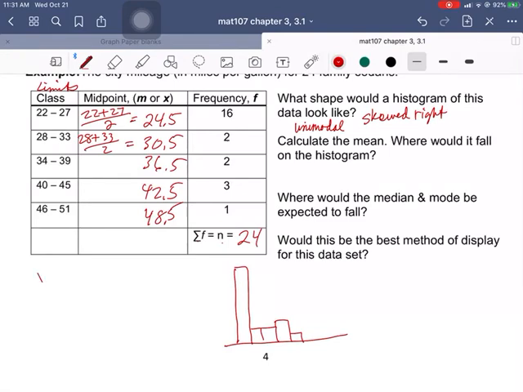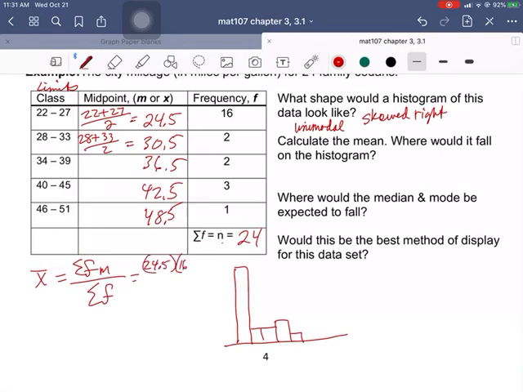If you calculate the mean, I'm going to need X bar equals the sum of all the frequencies times the midpoints over the sum of the frequencies. Okay, so I don't have a lot of room to show you how to do that.